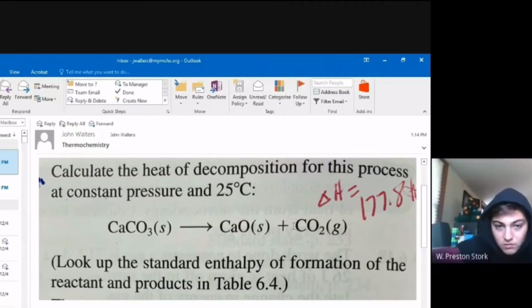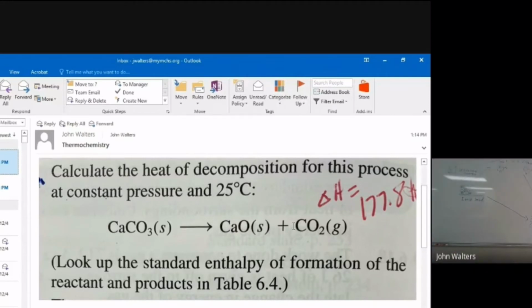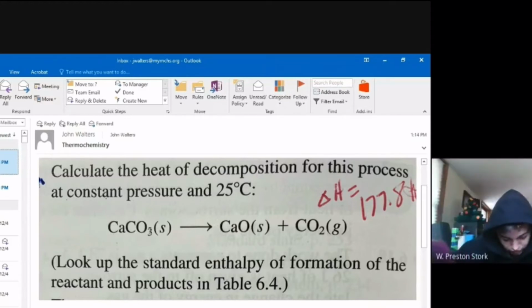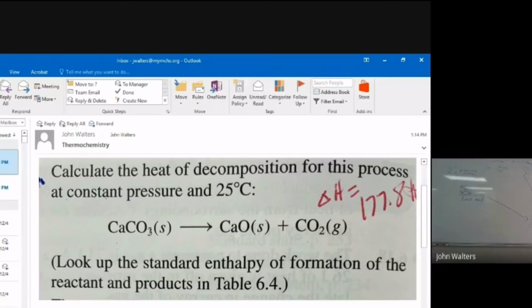Negative 1,029.1, and got to have that negative. Then we're going to subtract that from what number? What is this value with the sign value? Negative 1,206.9. Now, people, remember in freshman algebra, we've got a negative value, we're subtracting from a negative number, which makes it positive. Is that where people went wrong?